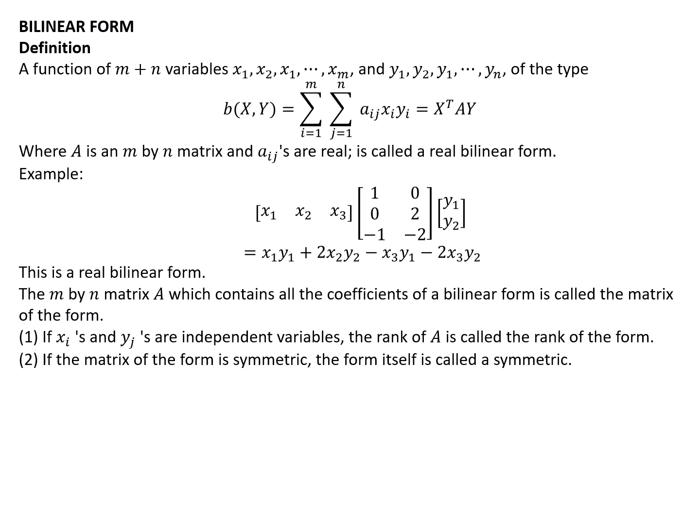That is, whatever the rank of A is will be the rank of the form. If the matrix of the form is a symmetric one, the form itself is also called a symmetric form.